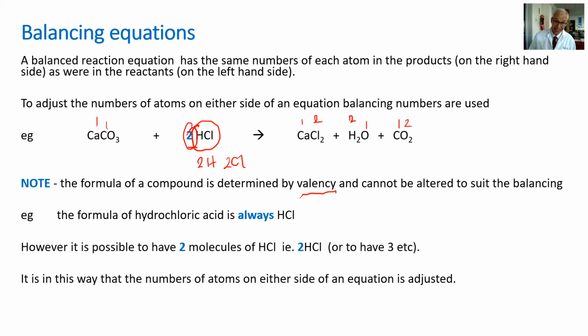But we can have 2 molecules of hydrogen chloride. And by having 2 molecules of hydrogen chloride, we of course double the amount of hydrogen and chlorine. So to balance, we use the coefficients, the large balancing numbers in front of a formula, and that multiplies the whole formula. We cannot change the formula itself. That is determined by bonding theory.